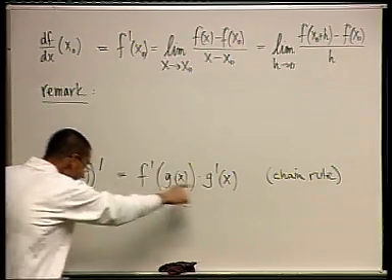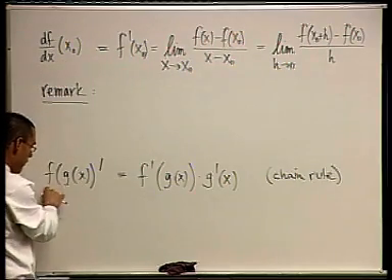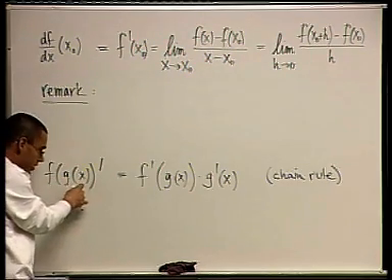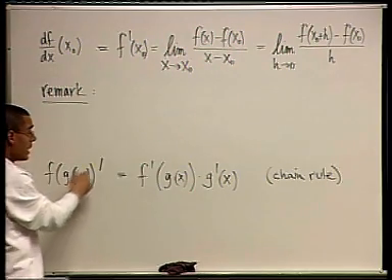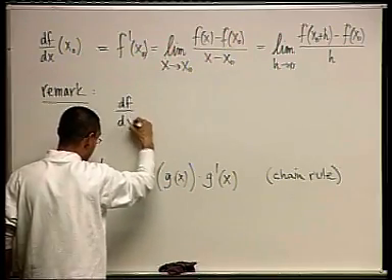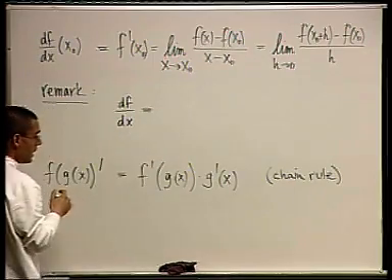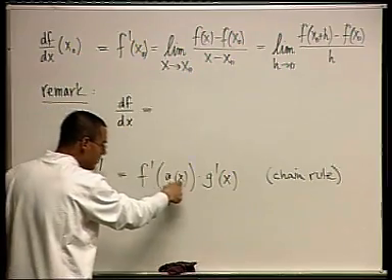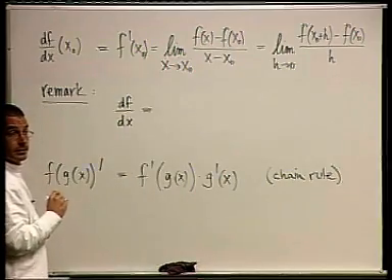But I want to rewrite this using this notation. So what do we have here? We have f of g of x, and we want to take the derivative of f with respect to the inner variable, with respect to x, right? That's what we're doing. So that's going to be written df over dx. And this theorem says that that's the same as taking the derivative of f, but not with respect to x, with respect to everything inside, with respect to g.